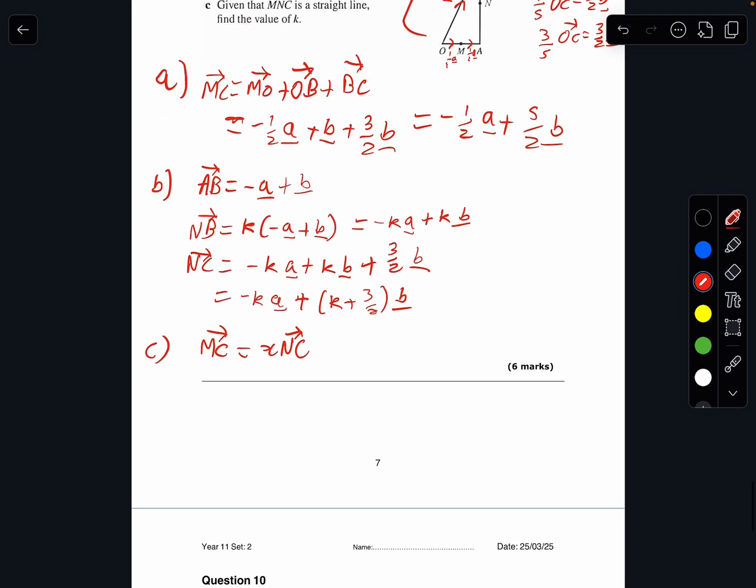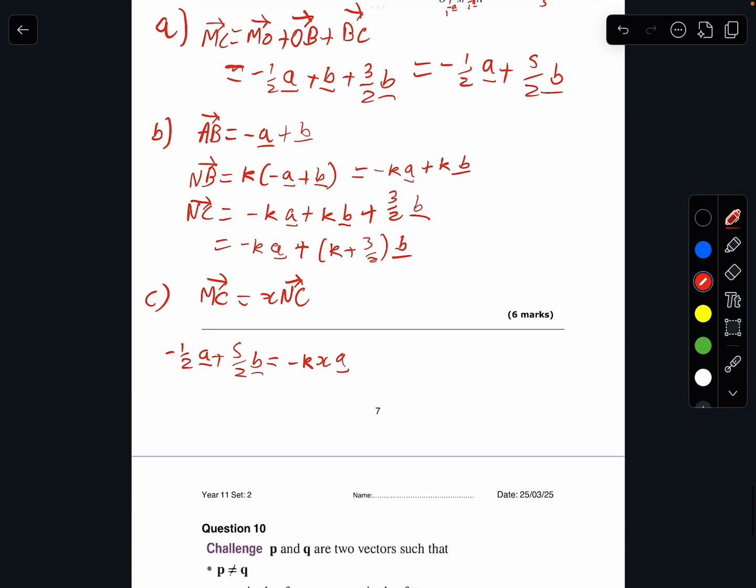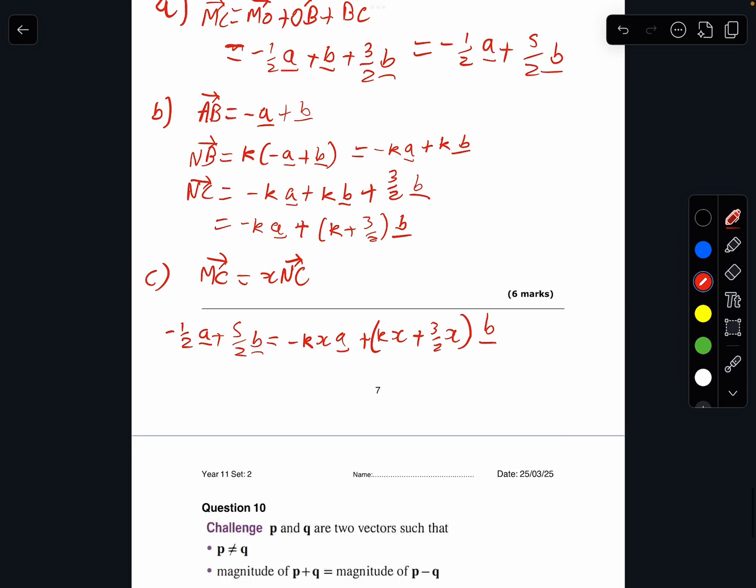That tells me that MC, which I know to be minus a half A plus 5/2 B, is equal to minus kxA plus kx plus 3 over 2x lots of b. And I'm putting the x on each term in the brackets.